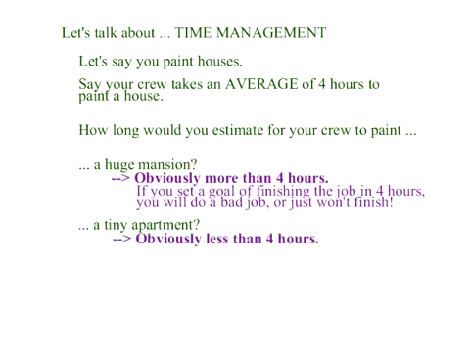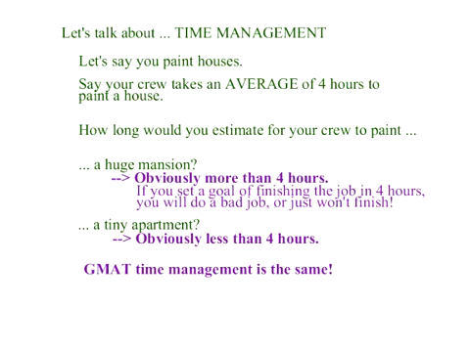This is not genius, but the point here is that GMAT time management is the same. If a problem is longer, it's like having a bigger house to paint, and on average it's going to take you longer.